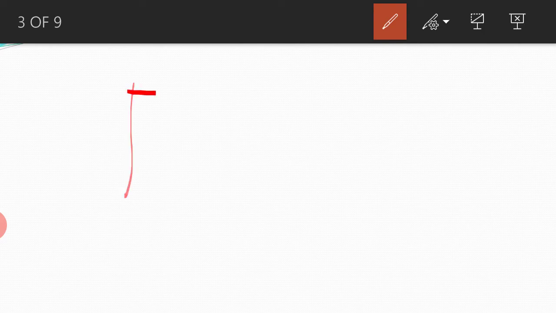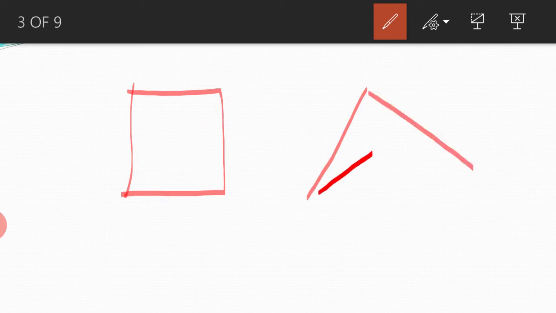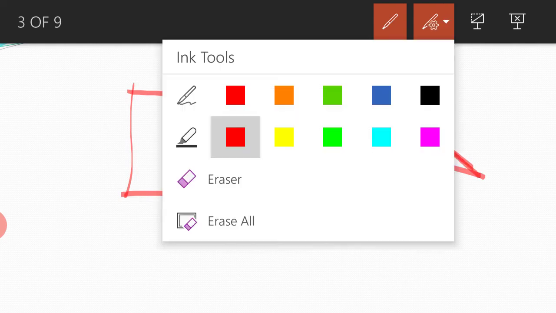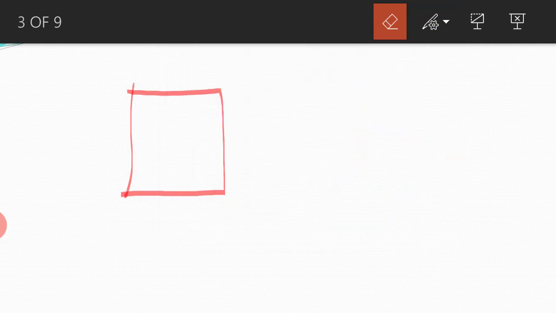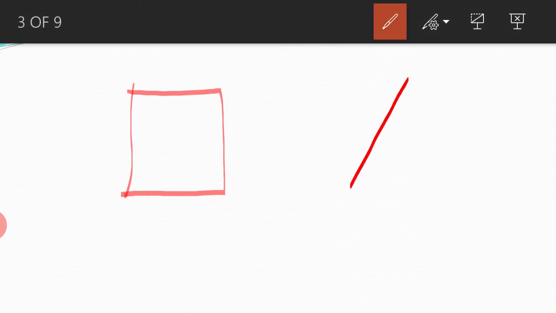Now another figure I'll draw. Suppose this was the first quadrilateral which I have drawn, and another quadrilateral I am going to draw. You first identify whether this shape is a quadrilateral or not. So is it a quadrilateral, children? How many sides are there? 4. Again you will find 4 sides. I am going to redraw it.